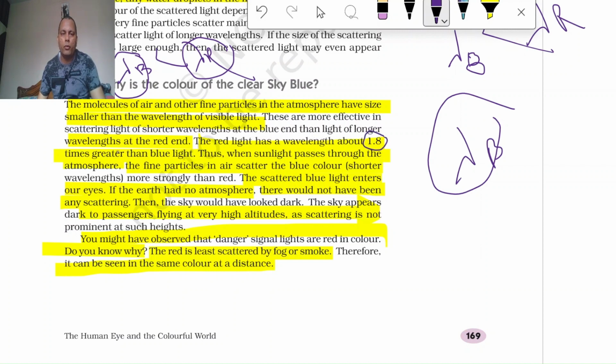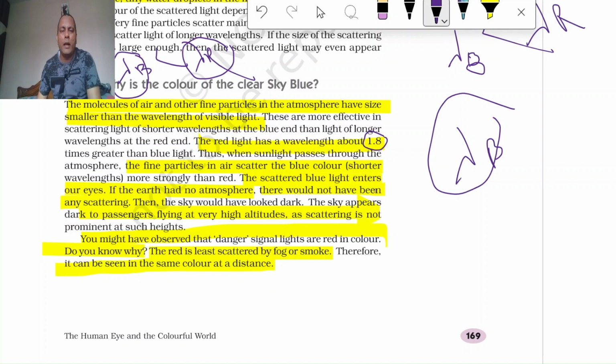This point you need to understand. When the sunlight passes through the fine particles in the air, they scatter the blue color, the shorter wavelength, more strongly than red. I have already told you that. They will disturb the blue light more compared to the red.